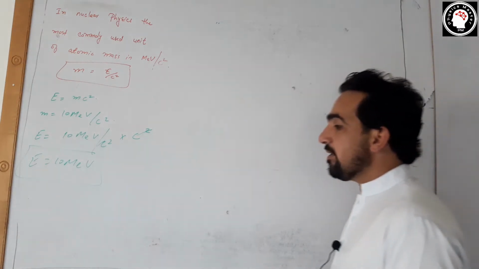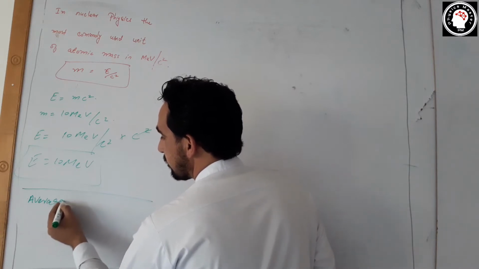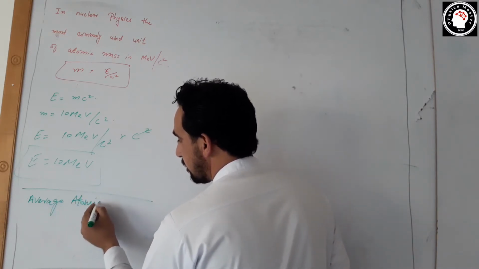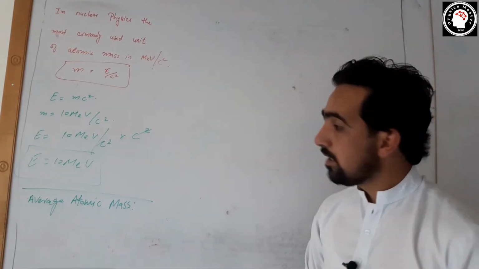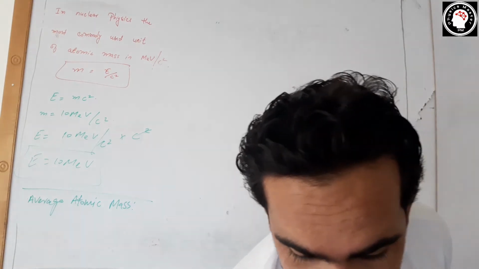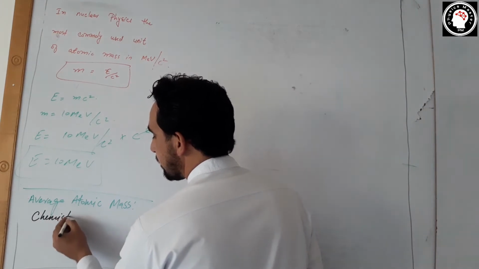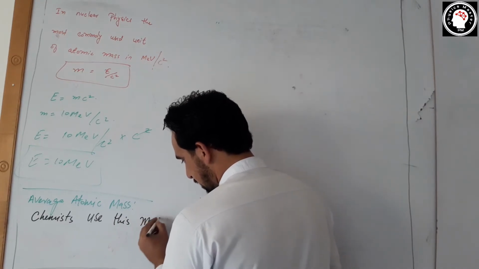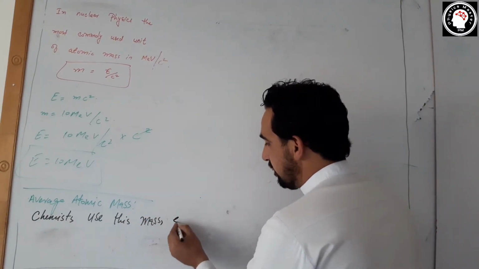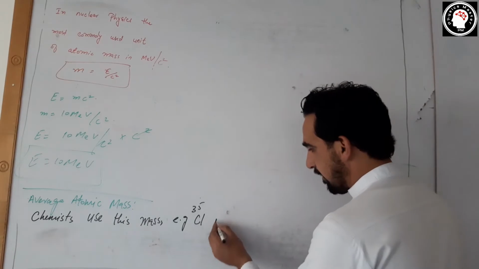Chemists use average atomic mass. For example, chlorine-35 is abundant.